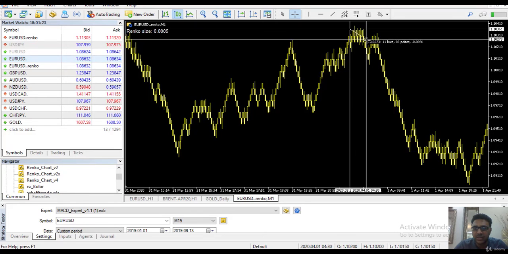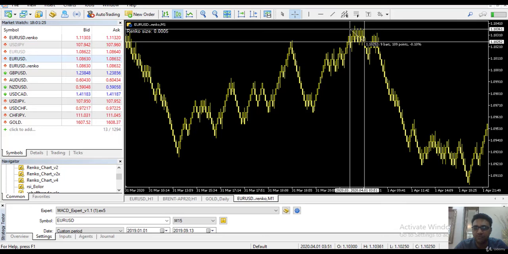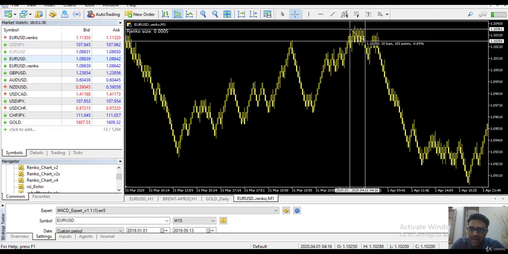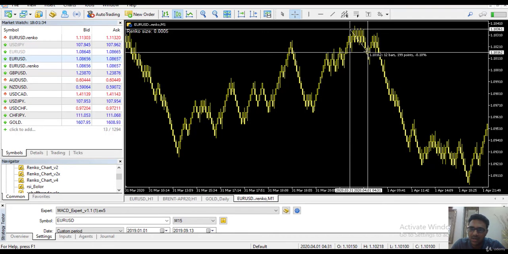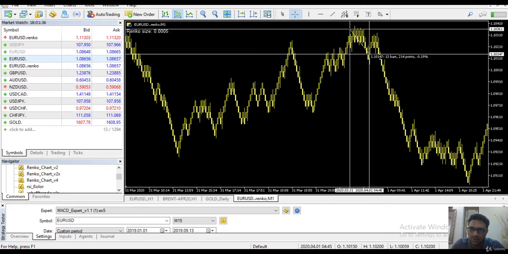From this area to this area, you can see the price has moved only in a small range. 9 bars or 10 bars, almost roughly about 13 or 14 bars. So 13 to 14 bars are representing 10 to 11 bars on the H1 time frame.